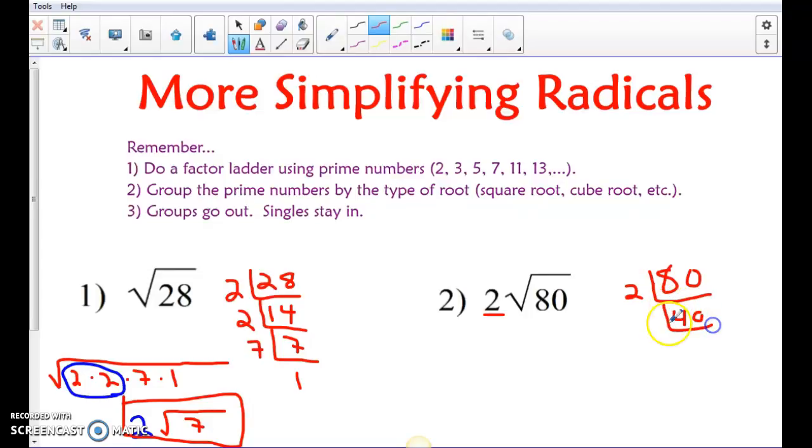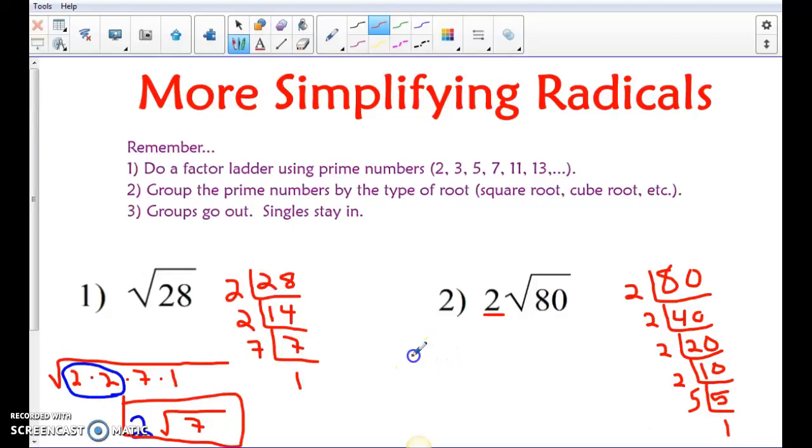And then 40 divided by 2 gives me 20. 20 divided by 2 is going to give me 10. And then again, I can divide 10 by 2, and I get 5. Now 5 is my prime number, which means the only thing I can divide it by is itself and 1. So I'll divide by 5, and then I'll end with my candle on top, my 1.